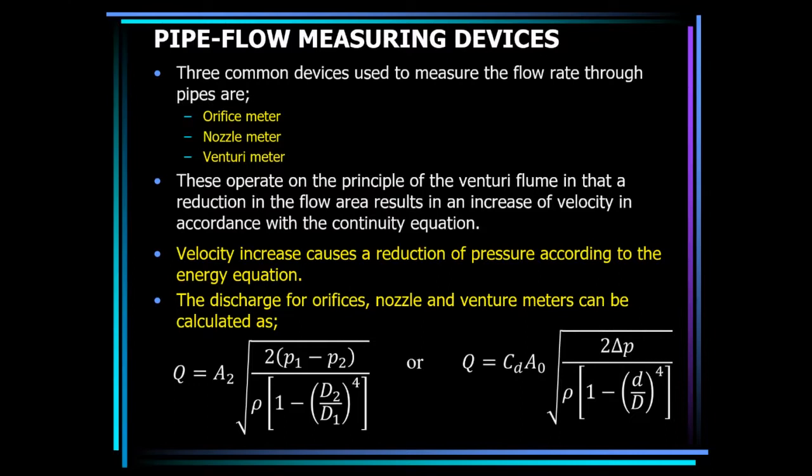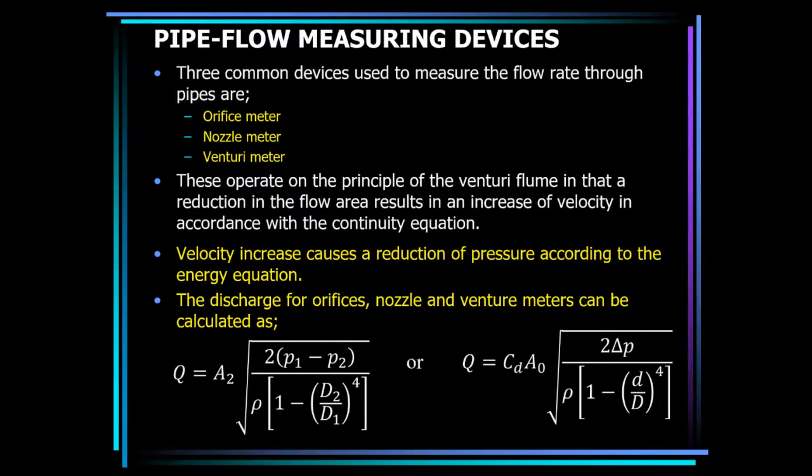These all operate on the principle of the Venturi flume, in that a reduction in the flow area results in an increase of velocity in accordance with the continuity equation.